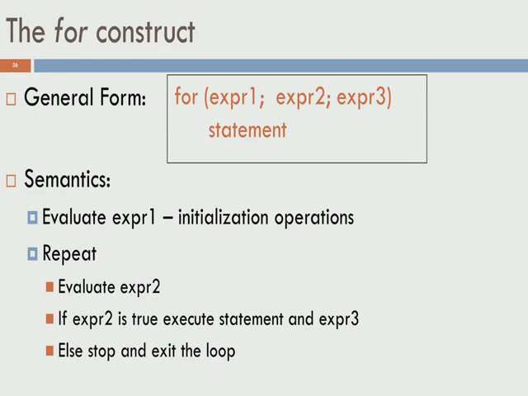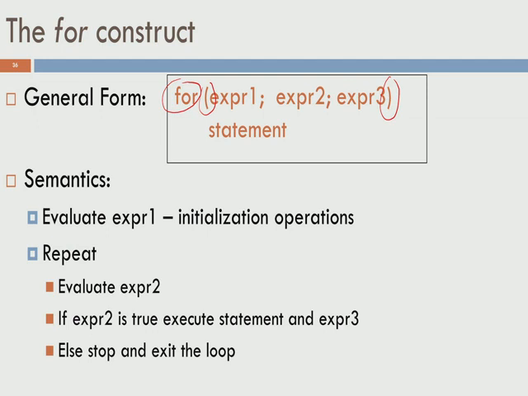Let us look at the basic expression. You have for, which is a keyword, and 2 parentheses with 3 expressions, expression 1, expression 2 and expression 3, and the body of the loop goes inside this statement here.